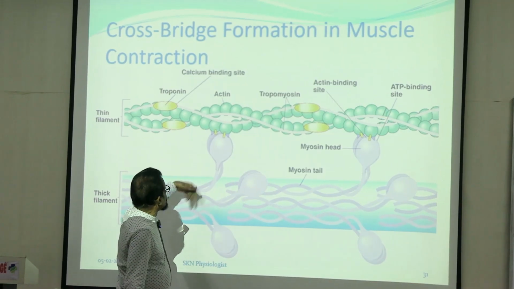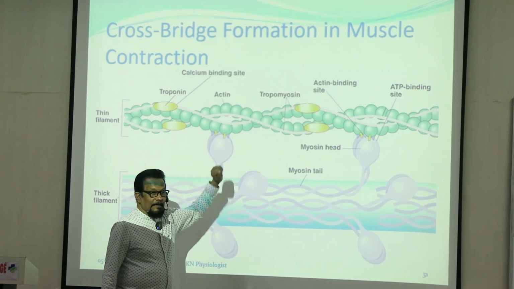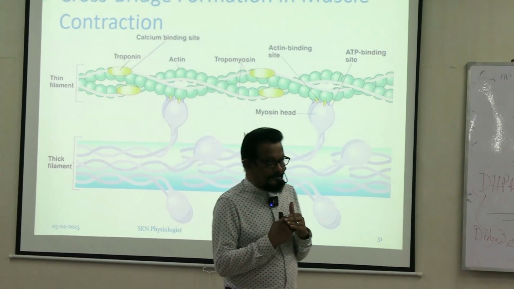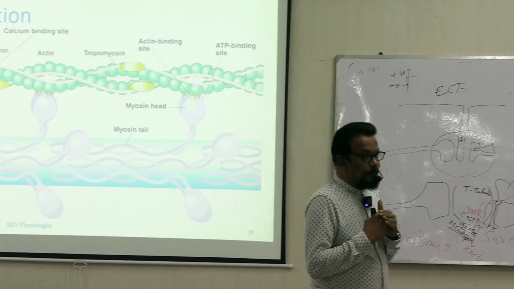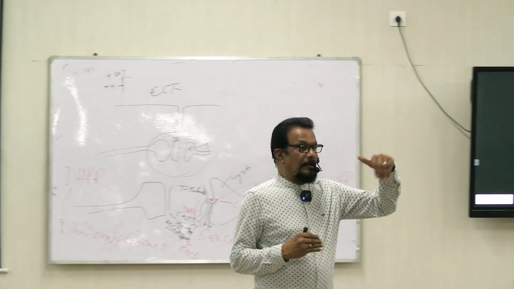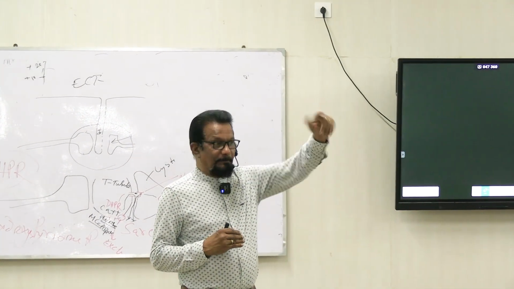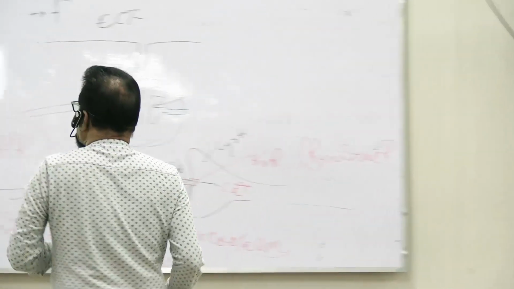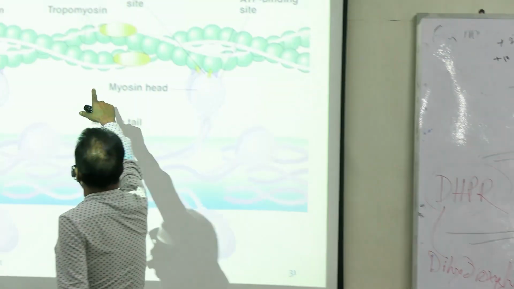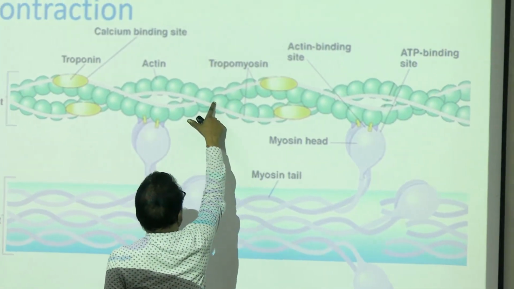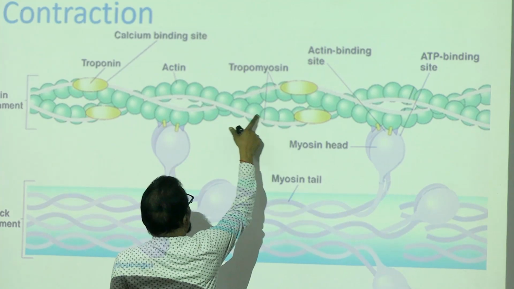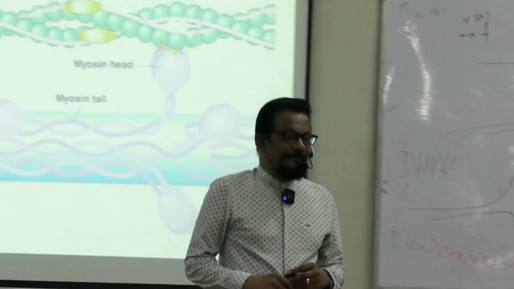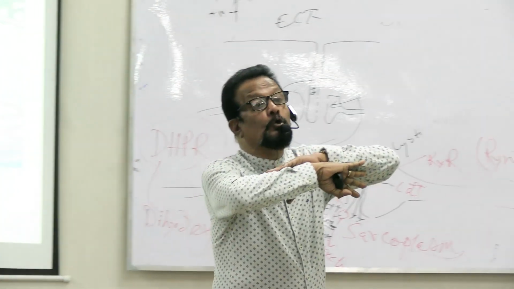Myosin head. The myosin head always wants to bind with its binding site present in the actin globules. So these are the active sites present in the actin globules. But the problem is, these sites are not open.